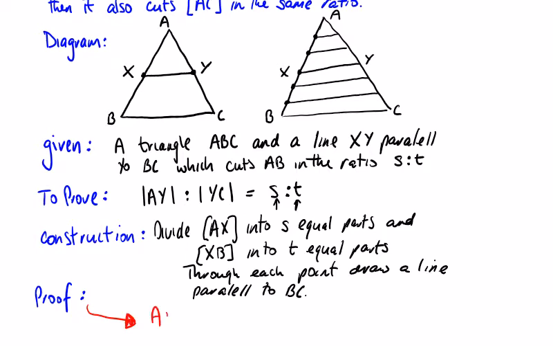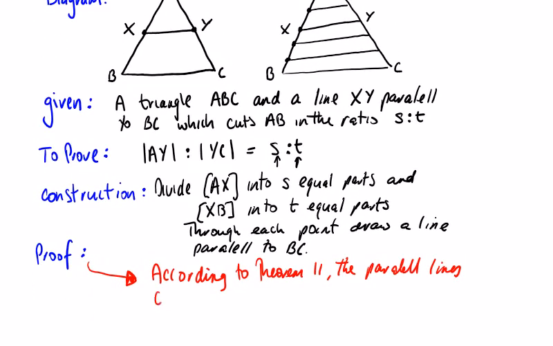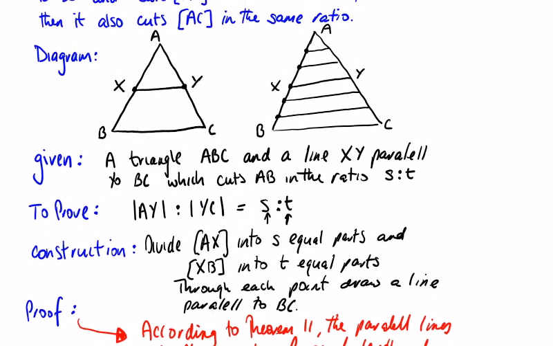According to Theorem 11, we know that the parallel lines cut off segments of equal length along the other side. That other side is A to C.